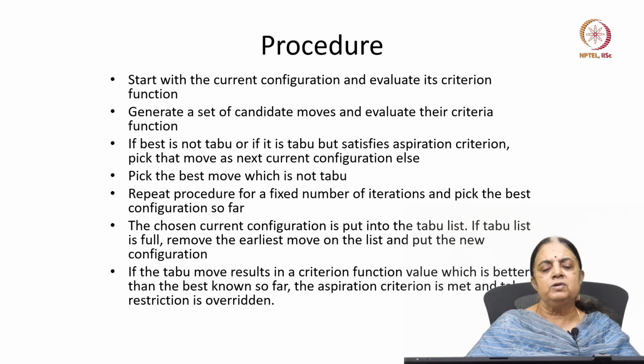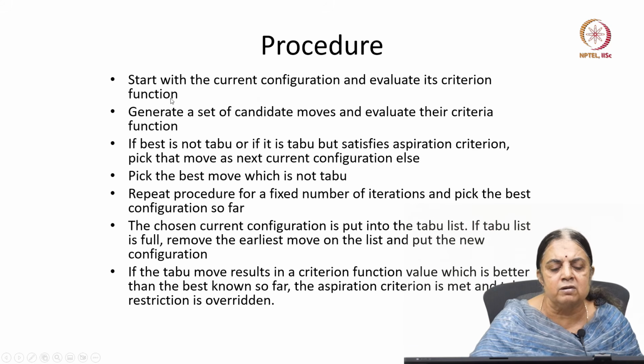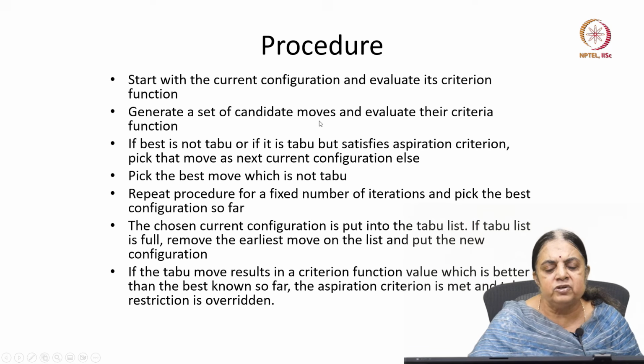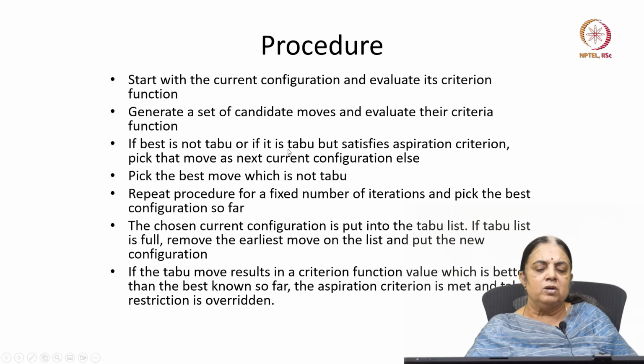So what you do is you start with the current configuration, evaluate the criterion function and generate a set of candidate moves, and evaluate their criteria function. If the best is not Tabu, or if it is Tabu but satisfies the aspiration criteria, you move to that current position.